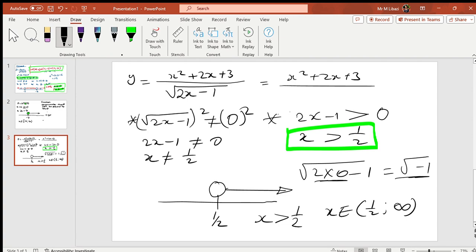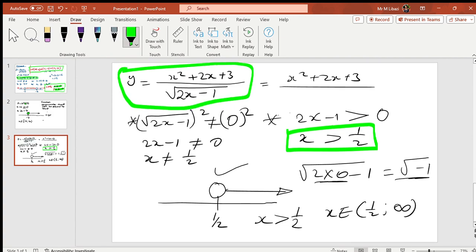Another thing that I am suggesting: always substitute into the initial, full equation. Substitute the numbers in that full equation, because sometimes you will be focusing only on the below part, only to find out even the above part doesn't accept that 1 over 2. Maybe the below part does accept, but the above one doesn't. So just be careful of that.